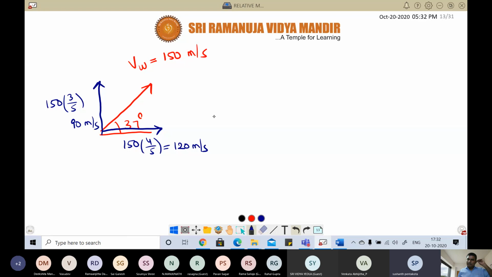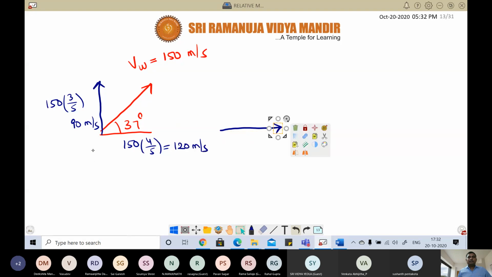Now I'll take only these components, the x component and y component, like this.